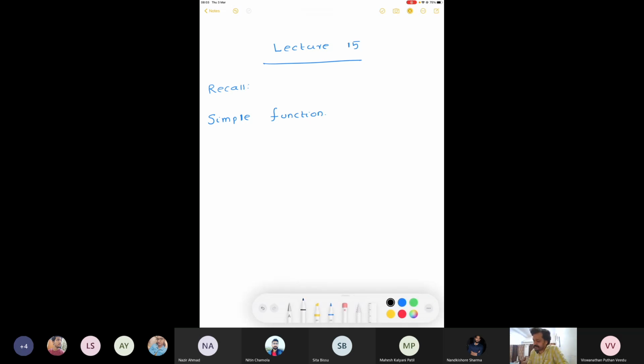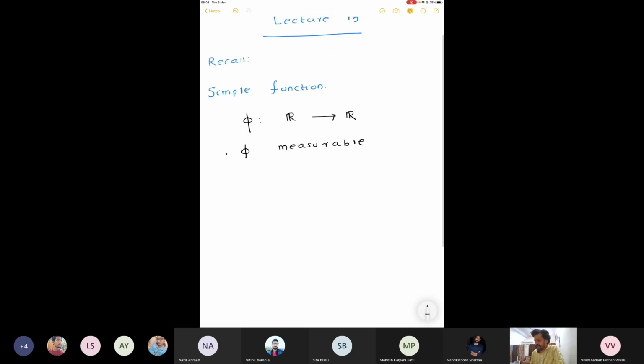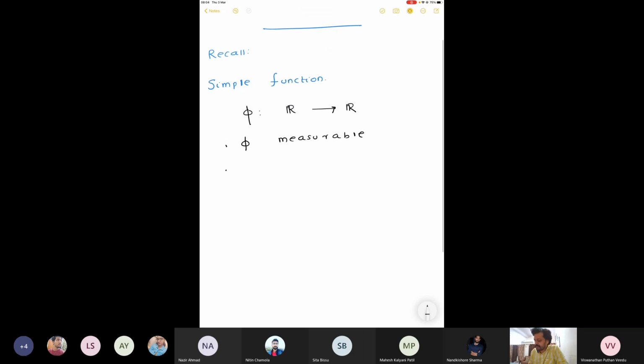Phi is a function from R to R, phi measurable, and phi takes only a finite number of values. The range set is finite.